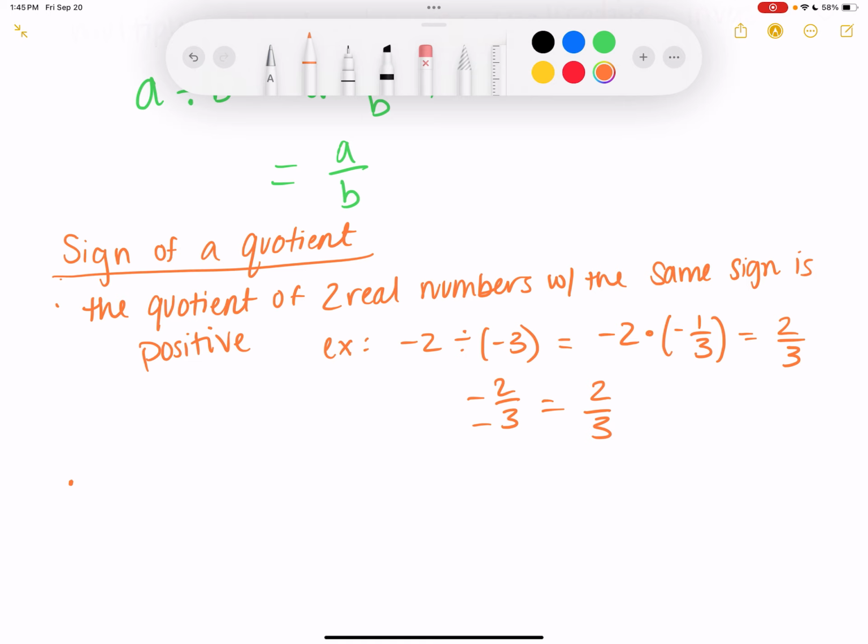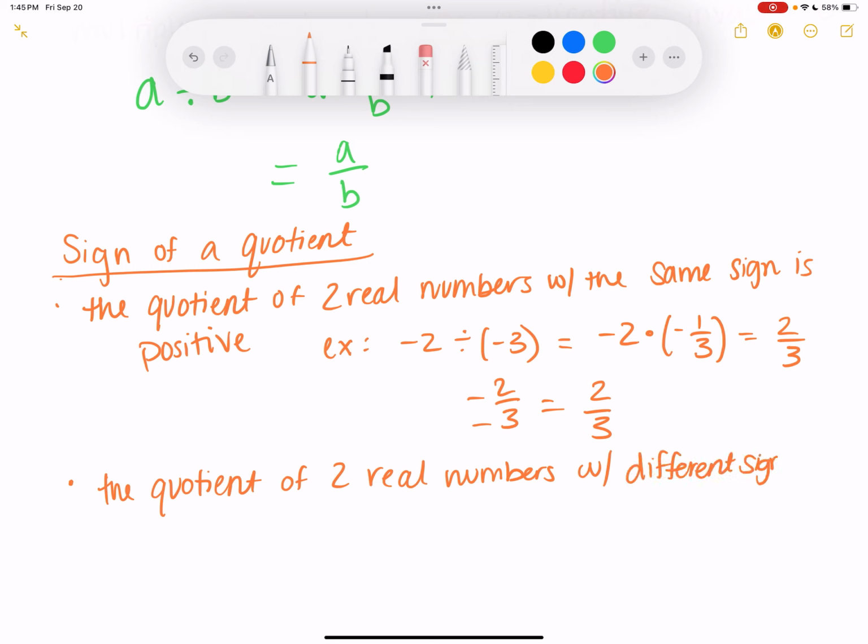The quotient of two real numbers with different signs is negative. So if they're opposite signs, it is negative.